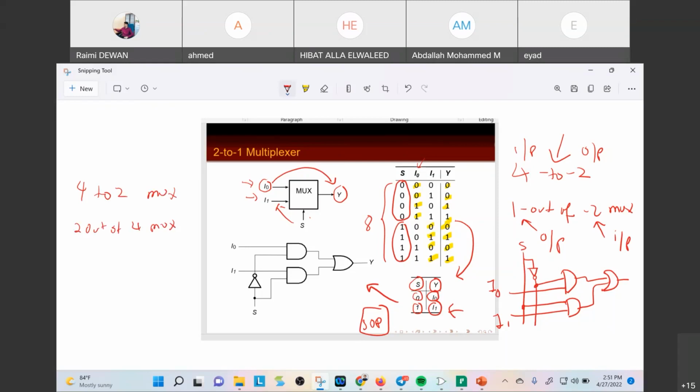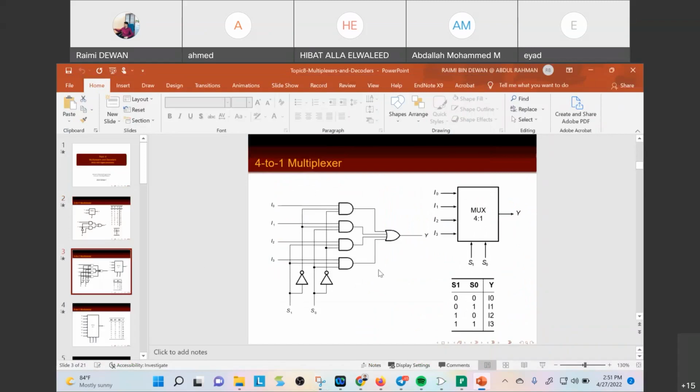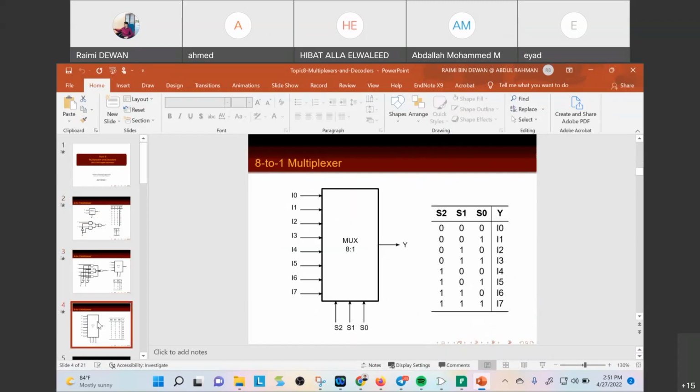Then you can see from the module, this one is further extended to the 4 to 1 multiplexer if we have a much bigger multiplexer, and also the 8 to 1 multiplexer or 1 out of 8 multiplexer.